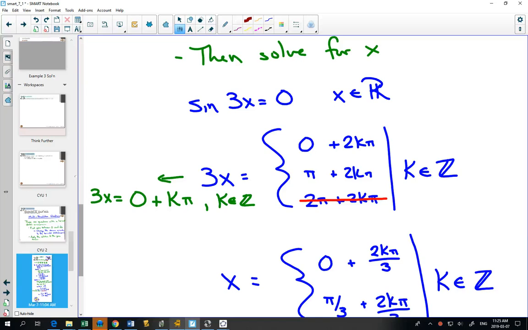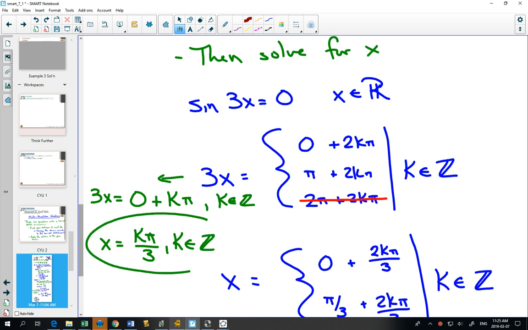And then if I wanted to solve for x, I just have to divide everything by 3. And then I'd start at 0 and jump by 60 degrees. Can you see that you would get them all if you kept doing that forever? Okay?